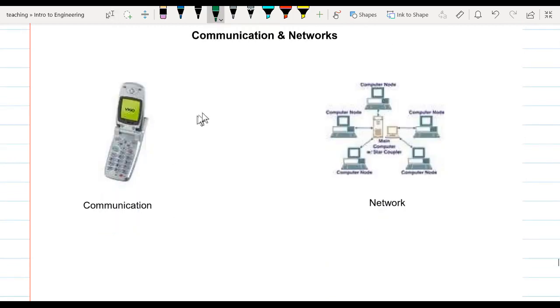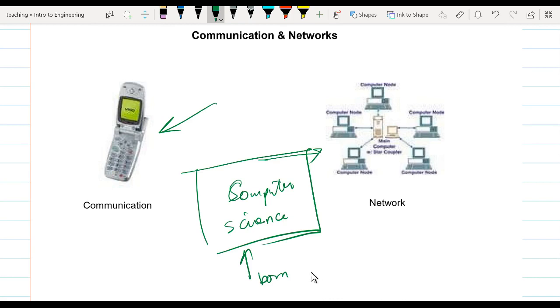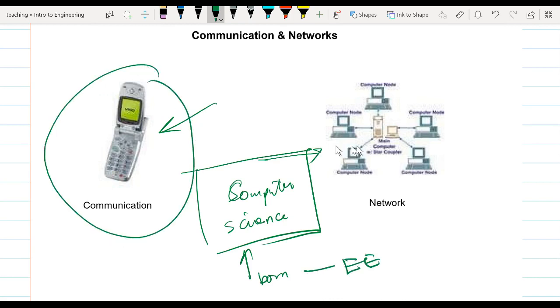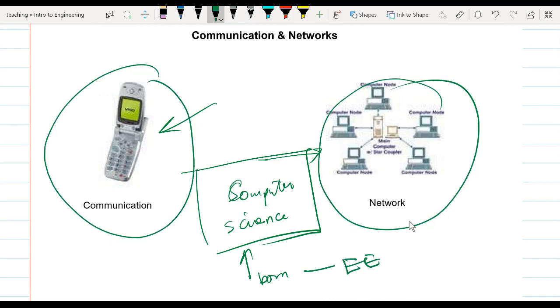We are almost at the last one. We have been talking about these gadgets, the mobile phone, and how they communicate. Computer science was born from electrical engineering. Before computer systems became common, this was purely done by electrical engineers under telecommunication engineering.